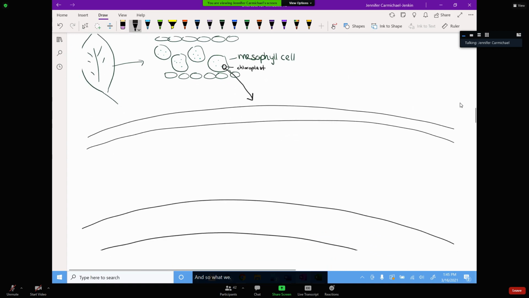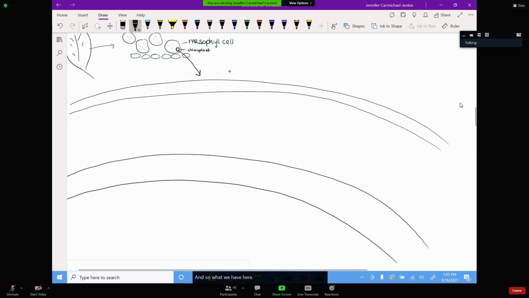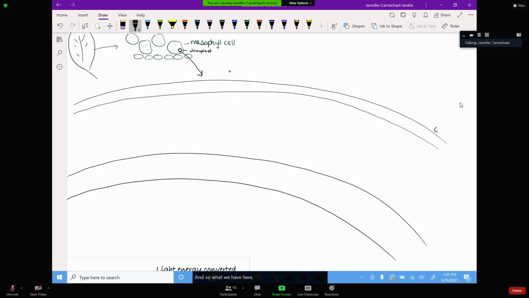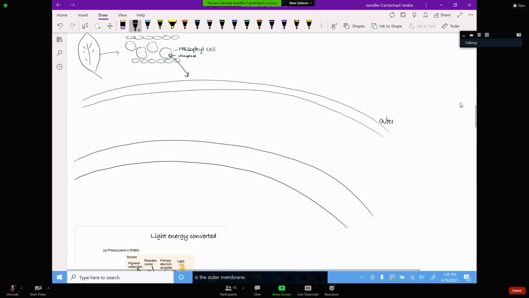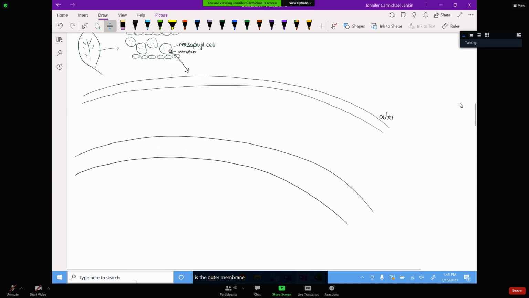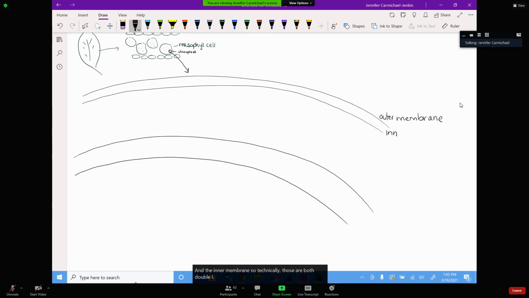And so what we have here is the outer membrane and the inner membrane. Technically those are both double. I just failed to make them as double membranes. Okay. And this is the thylakoid membrane.